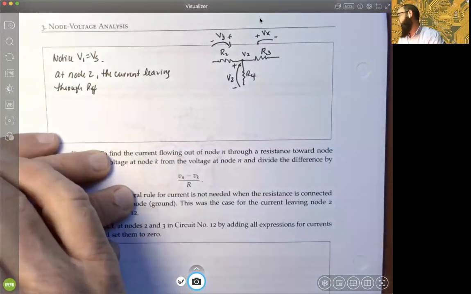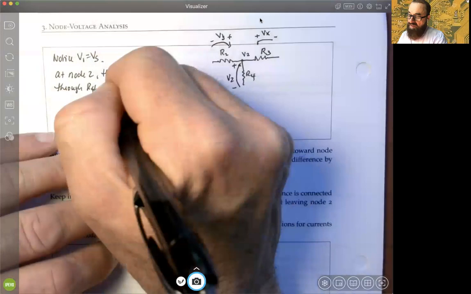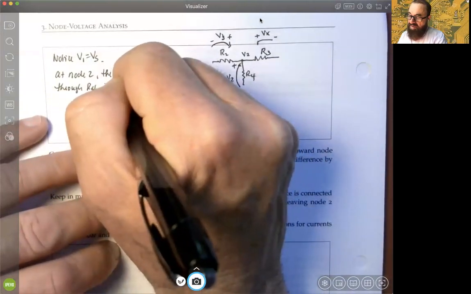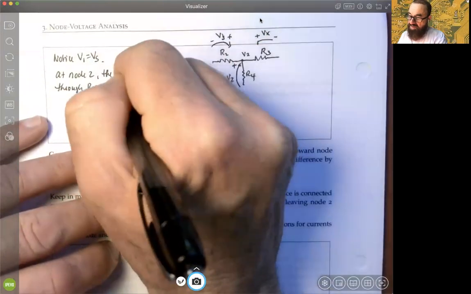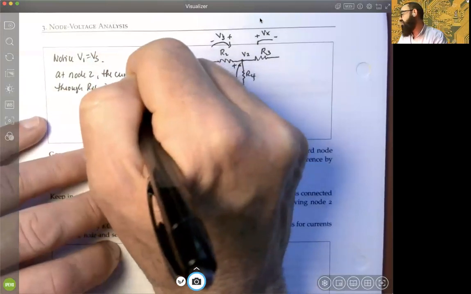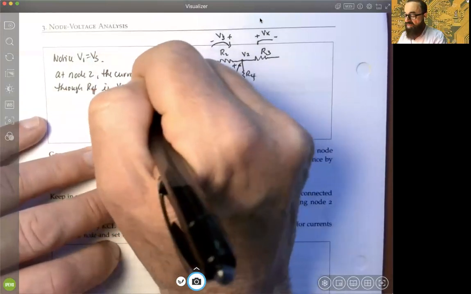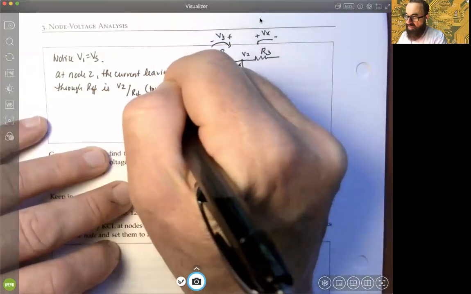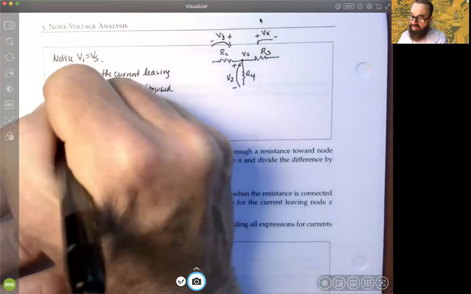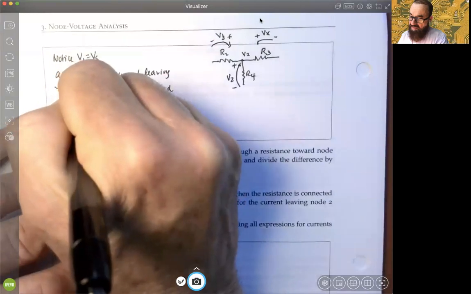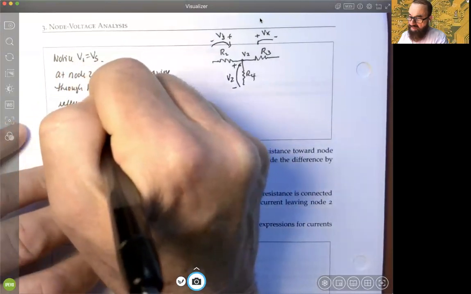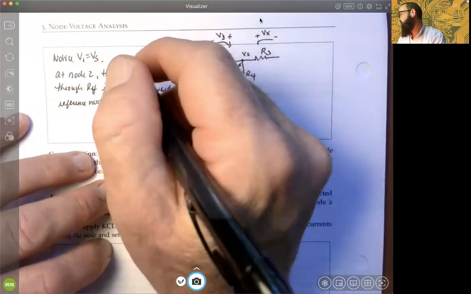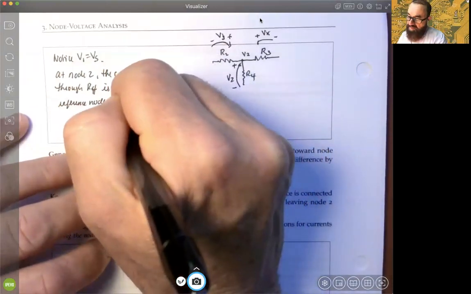All right, is via Ohm's law just the node voltage V2 divided by R4, okay? So it's towards the reference node and away from node 2.